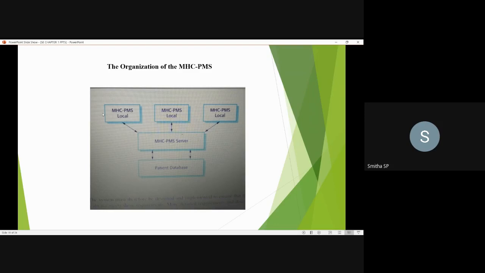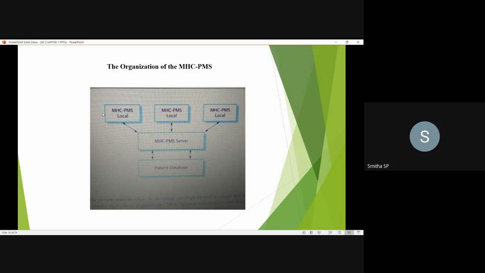It has local systems which are connected to the MHC-PMS server, and this server is connected to the patient database, which consists of information about the patient's illness and the details of the treatment the patient is receiving.